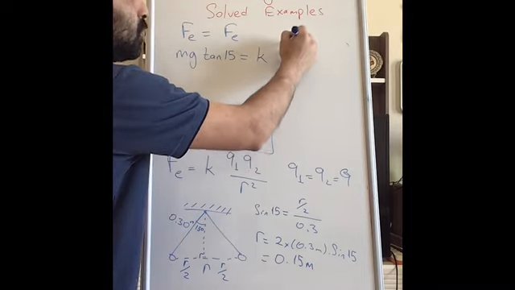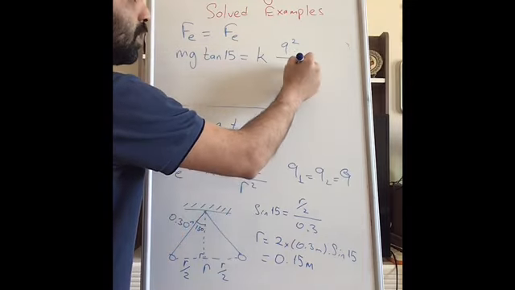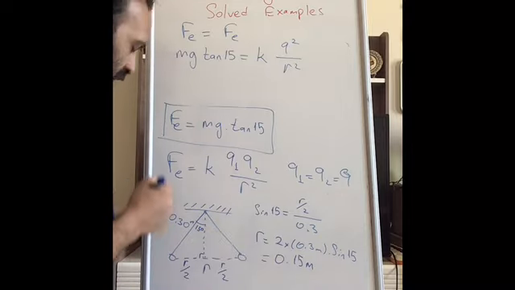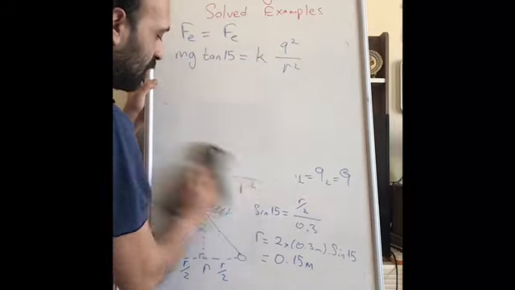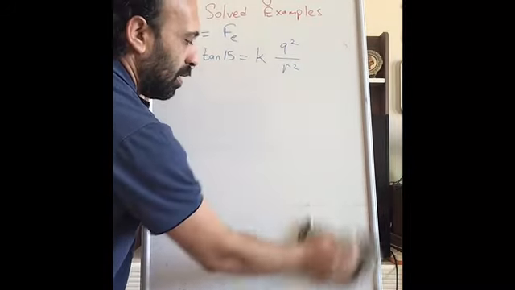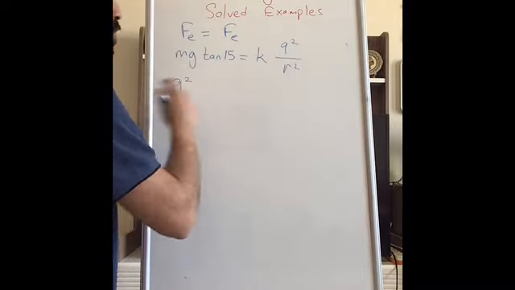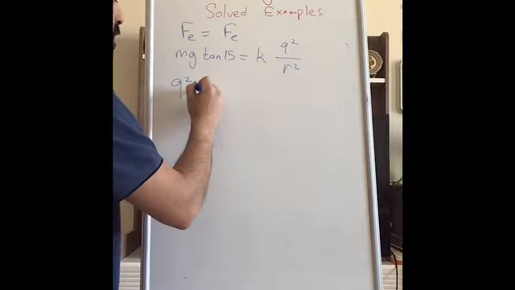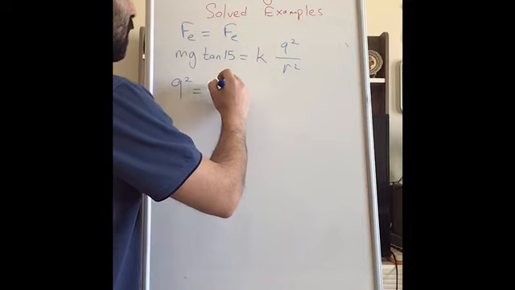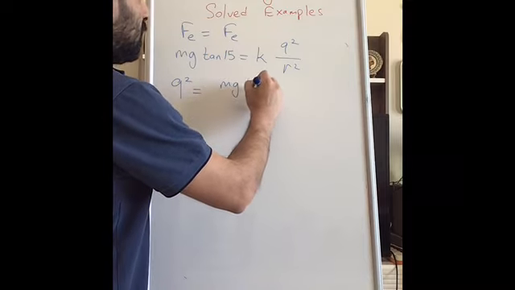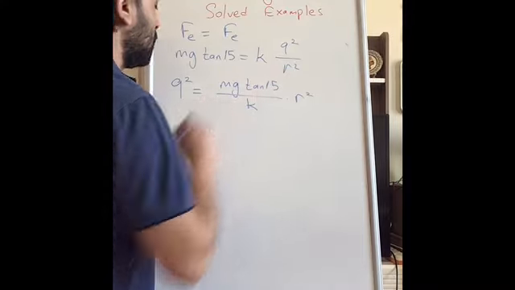I'm going to write q squared because q1 and q2 are equal q, and over r squared, and we know what is r already by using geometry. And from here, let me just make myself some more space. From here we need to have what is q. So q, so I can take q squared out of this equation as mg tangent 15 over k times r squared.